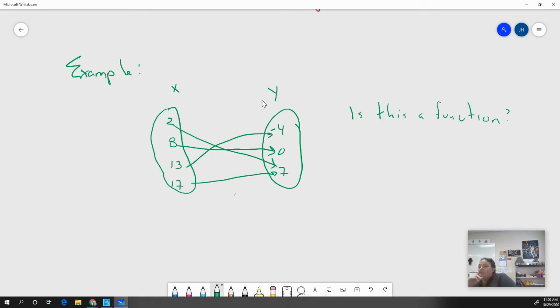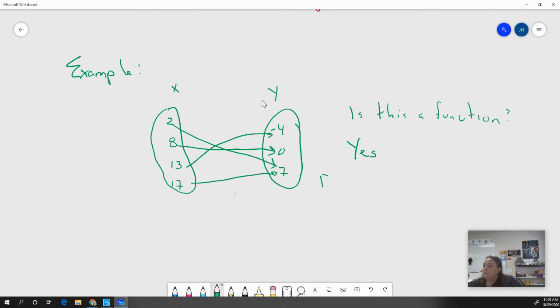So each X value has to map to something, but it can't map to more than one thing. But our range can have more than one thing mapped to it. So even though this 7 has 2 things pointing at it, it's okay, because 2 only goes to 1, 8 only goes to one thing, 13 only goes to one thing, 17 only goes to one thing. So we can say, yes, this is a function.